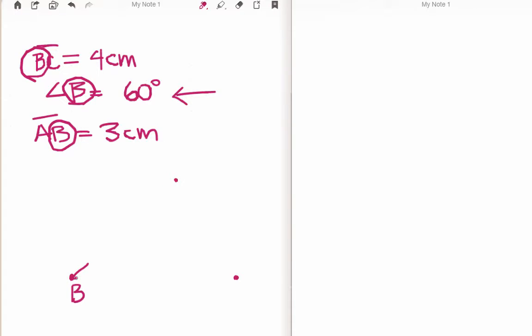Now I know that from that point to this point, I have a 60-degree angle.